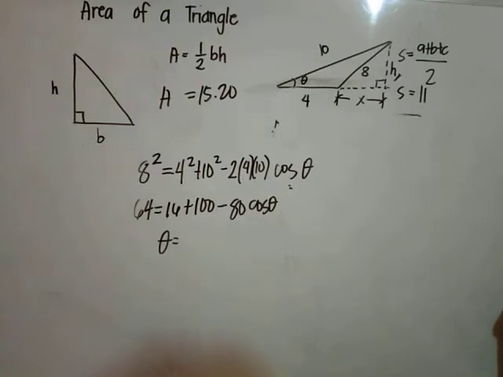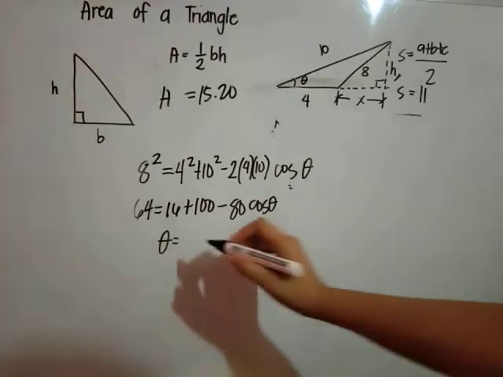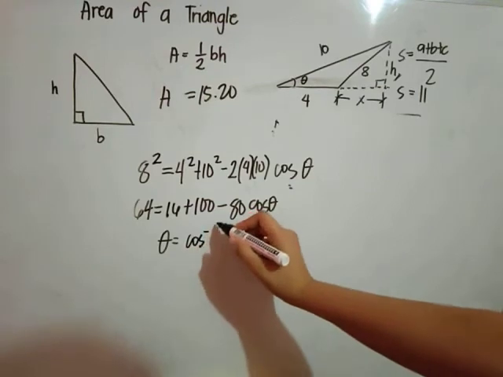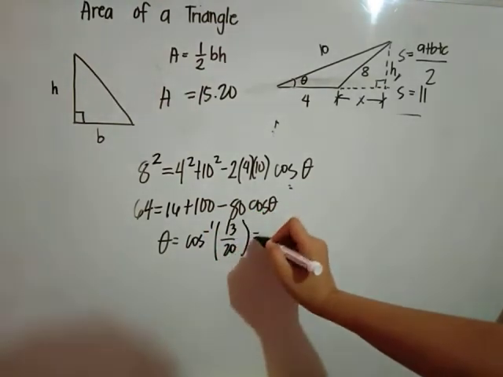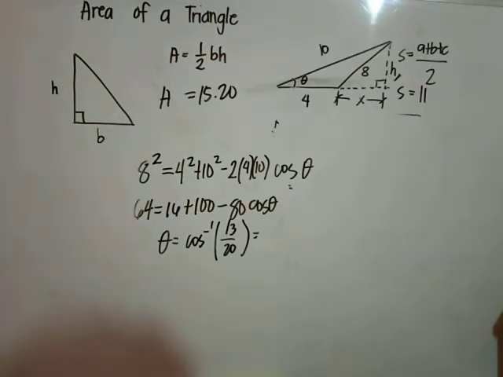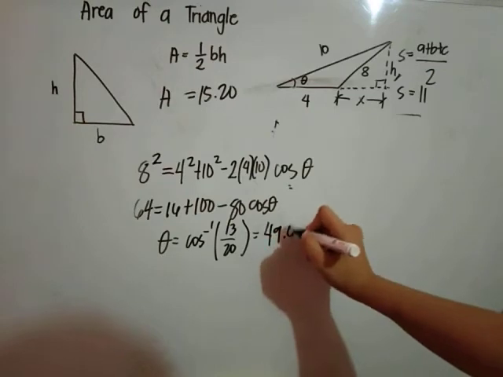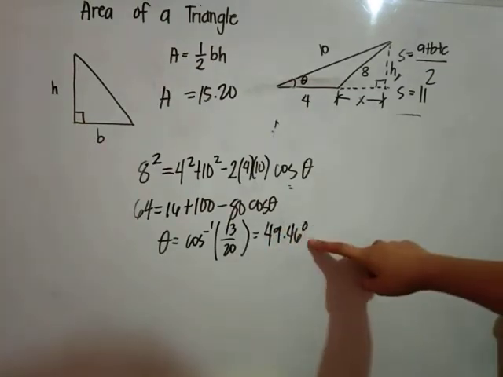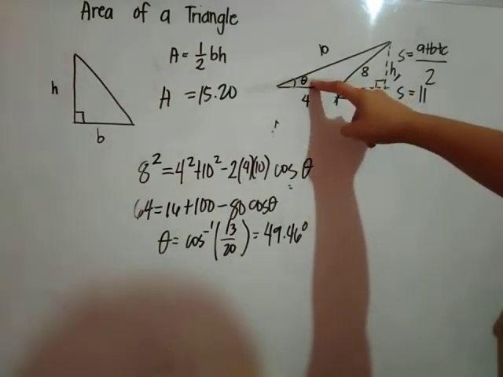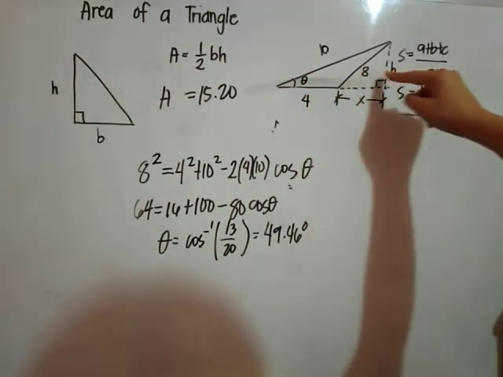So, we have 64 divide negative 80. So, yung theta natin is equal to arc cosine 13 over 20, which is equal also to 49.46 degrees. So, once na nakuha na natin si theta, yung value ng angle dito, so, kaya na ba natin kunin si height?